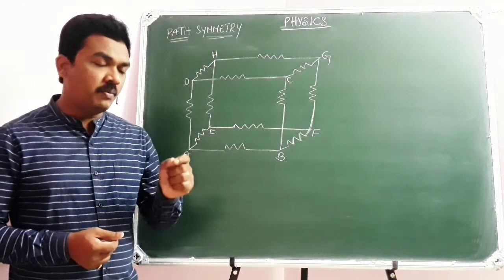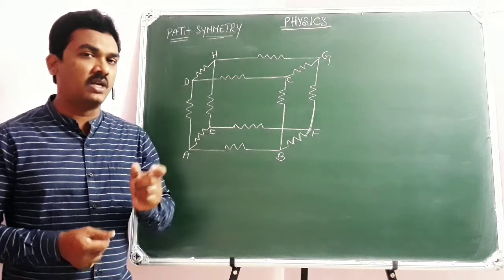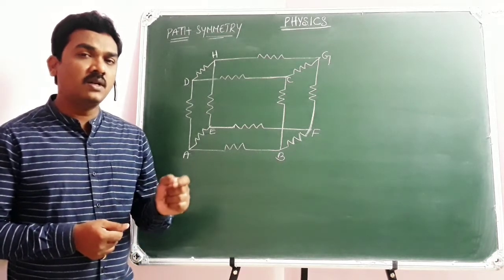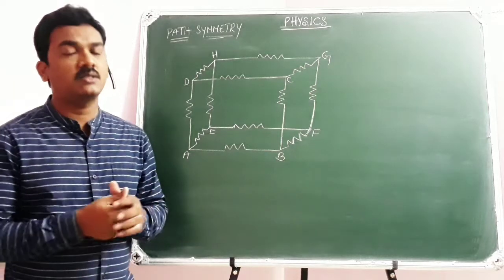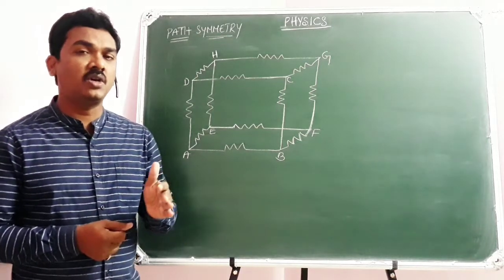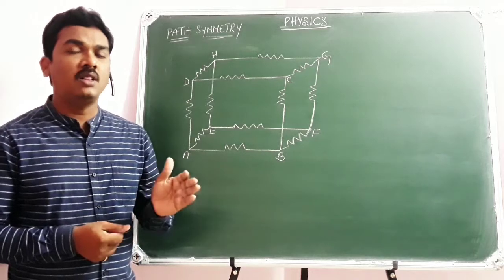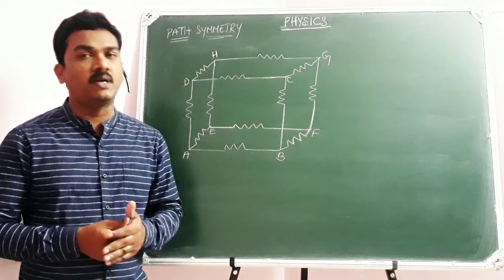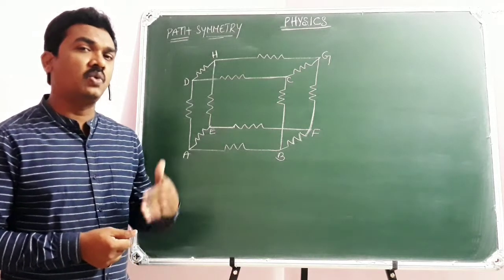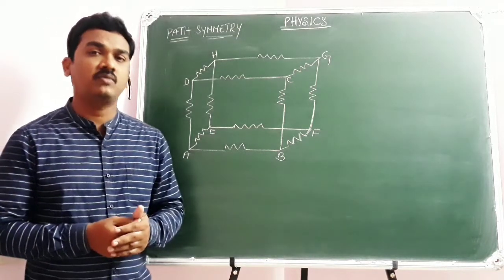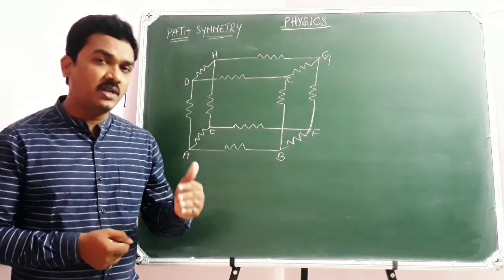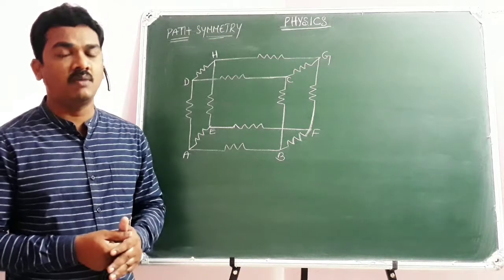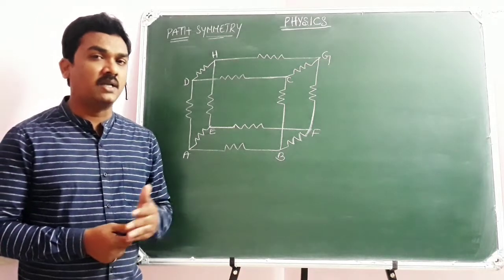While moving from one point to another point in a closed electric circuit, if we have similar or identical paths, meaning the configuration of resistors along all the different possible paths is the same, then we call them identical paths.